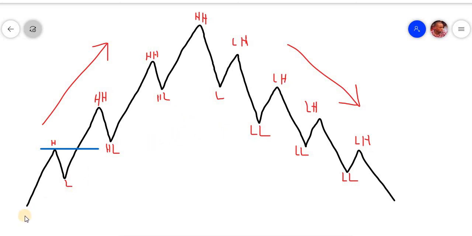So once again, an uptrend continues when a new higher high is formed, that is, when the most recent swing high is broken at this point to the upside.